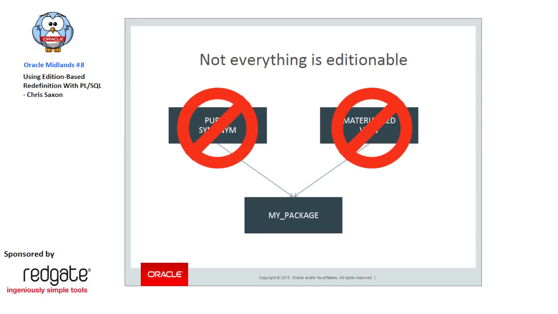But you would think that you just use the owner of the materialized view to resolve which editions would be important. Well, because it stores the results, then you've got two versions of your package which potentially return different results. And it's actually the executed code which is editioned. The actual base data is not editioned.